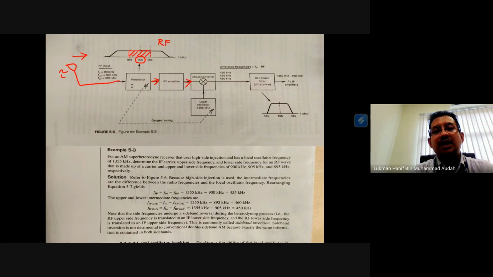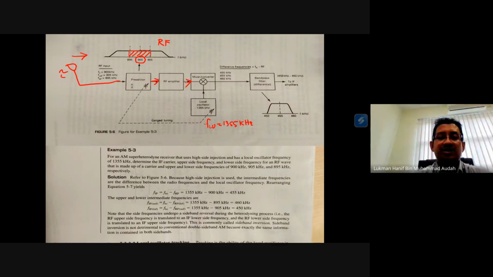Then it will pass through the mixer converter. The mixer converter has a local oscillator equal to 1355 kilohertz, which is larger than the radio frequency input.